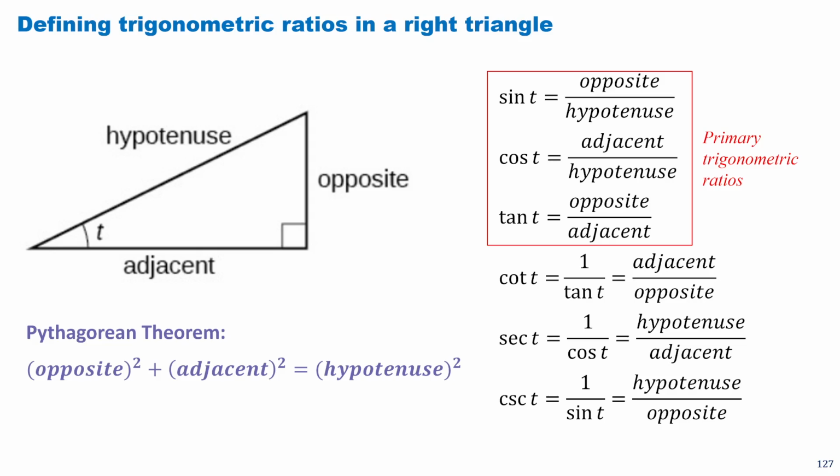And these 3 ratios are called primary trigonometric ratios. As long as you know the primary ones, then the secondary ones can be easily evaluated using the reciprocal of the primary ones, right? And also the Pythagorean theorem tells us that opposite squared plus adjacent squared equals hypotenuse squared.